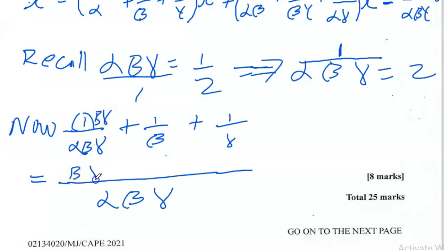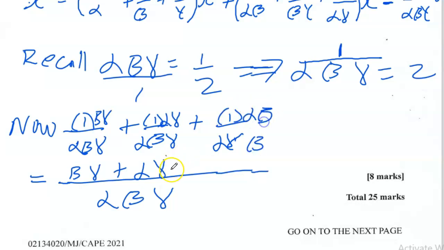For the second, I multiply top and bottom by alpha gamma, so the top is alpha gamma. For the final fraction, I multiply by alpha beta, so that term is alpha beta.